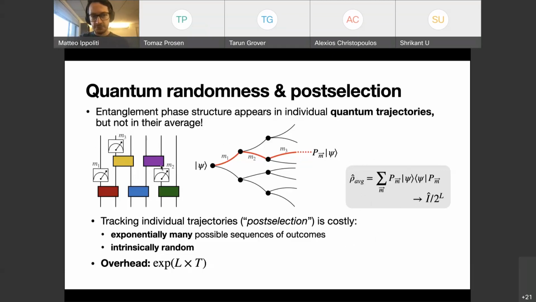So imagine, again, we have this cartoon circuit here with 3 measurements. Each one is, say, measuring the sigma z matrix and might get spin up or spin down outcome. Each one of these outcomes actually bifurcates the evolution of our state into 2 potentially completely different many-body wave functions.